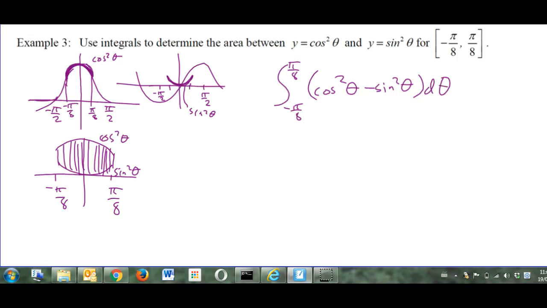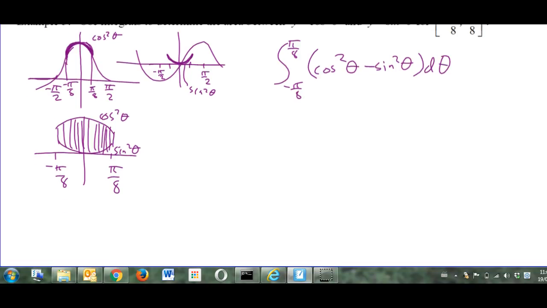What's cos squared minus sine squared? Look at the first page of this section. It's cos 2x, right? Cos 2 theta.